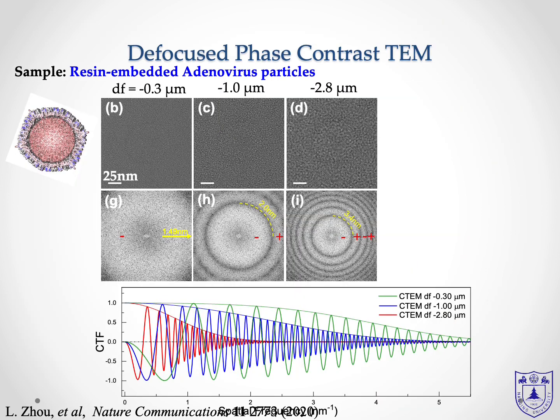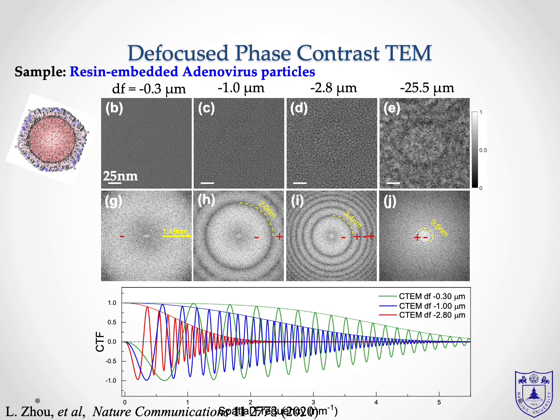But when we use a defocus as large as minus 25.5 micrometers, the Thon ring shrinks to a low frequency and the particle becomes visible, but the first zero crossing moves to 9.5 nanometers, beyond which the contrast transfer function oscillates dramatically. Therefore, it becomes really difficult to interpret high spatial information.